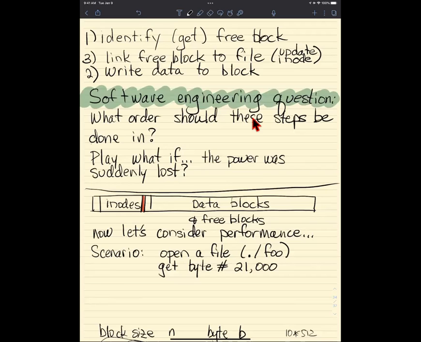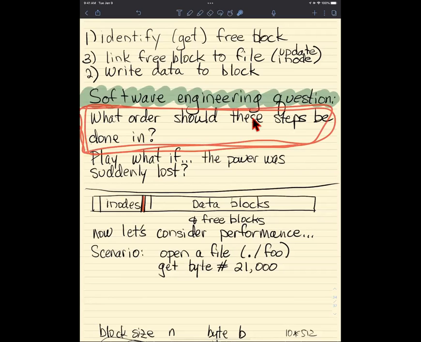Because anything that ends in a block being linked to a file properly and having data written to it, any order of steps is going to be correct. But some orders are going to be better than others. And that is the software engineering question that I wanted you to start thinking about in your future.